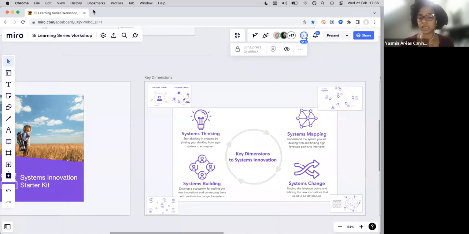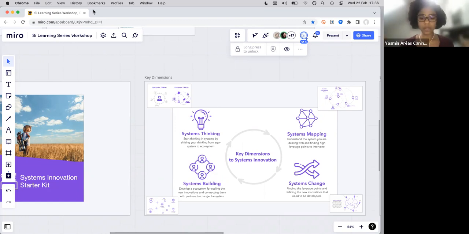So systems thinking is going to be our next module. Systems mapping and systems inquiry is going to be the third module, sorry. Systems change is going to be the 4th module, and systems building is going to be the 5th module. So we start with systems thinking.